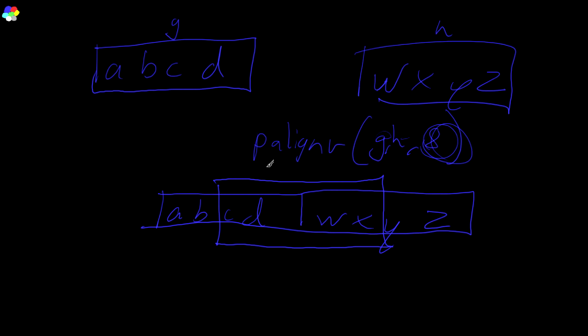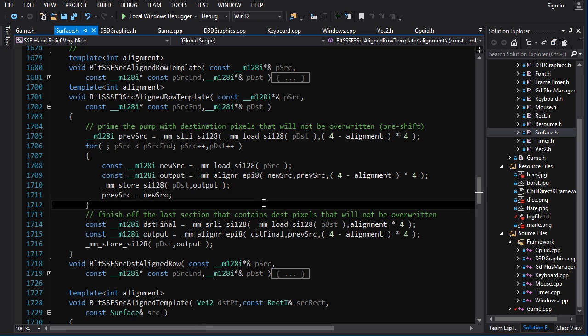And these two values determine what values make up the 256-bit concatenated value. So it allows you to basically slam two values together and then get any 128-bit window inside of your 256-bit concatenated value. So it does all that shifting and masking in one shot, which is great.